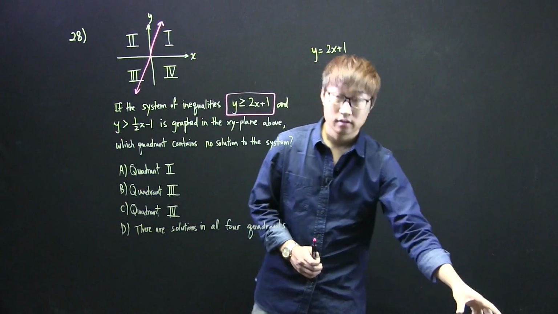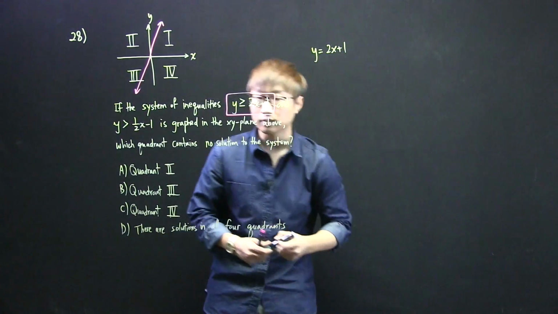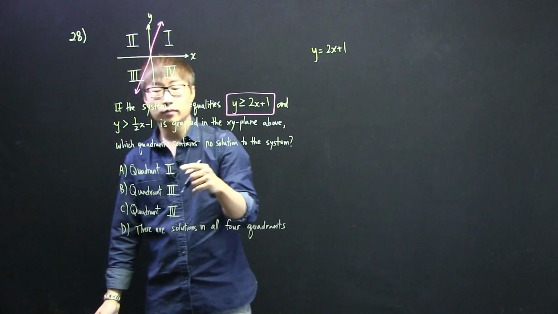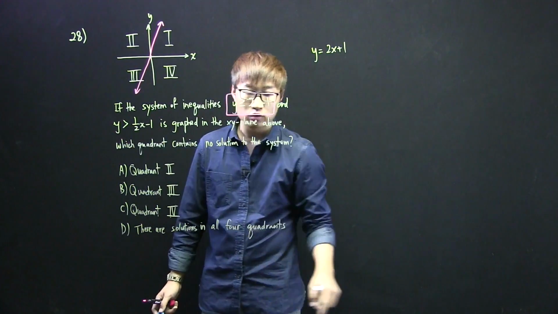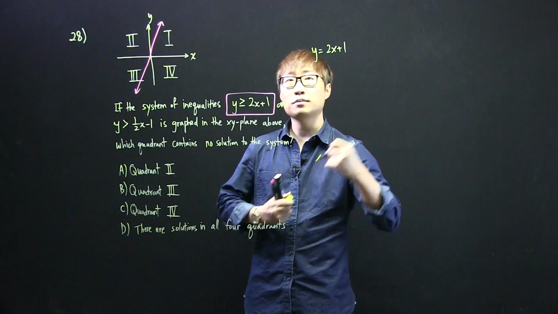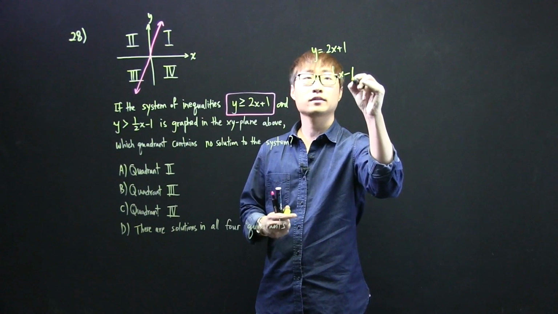And then let me draw the other one. y is greater than 1/2 x minus 1. Remember, guys, if there's no equal sign, we draw a dotted line. I hope everybody remembers at least that. So I'm just going to draw as if it was y is equal to 1/2 x minus 1.